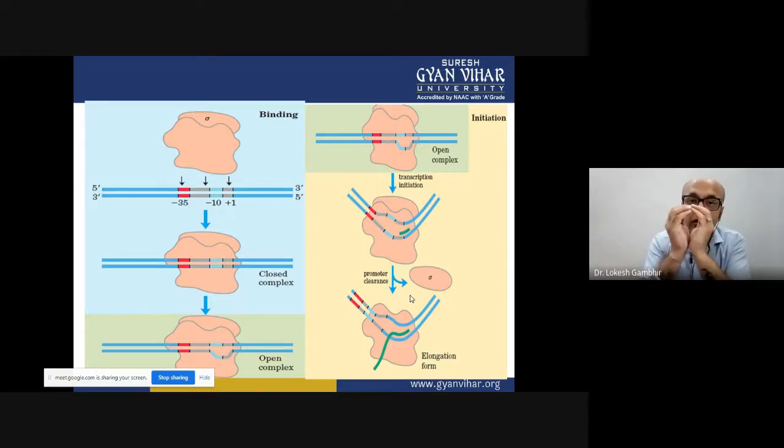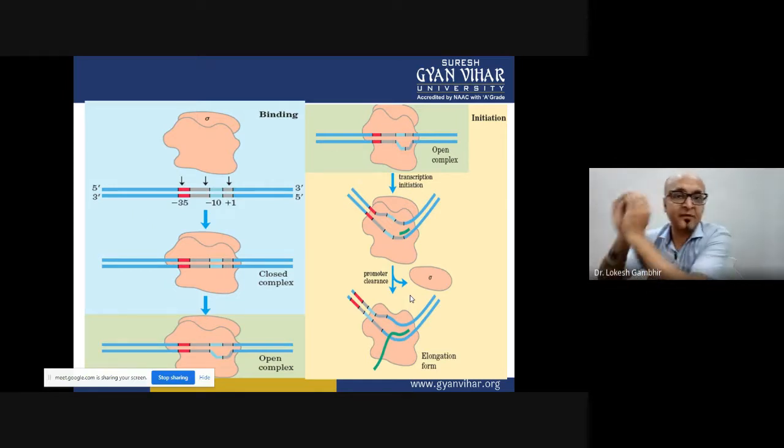Now that window of 17 is moving ahead. Suppose the window has moved now to another 17. So then 17 plus 17 is 34. But the bubble is allowing only 17 nucleotides to get open.